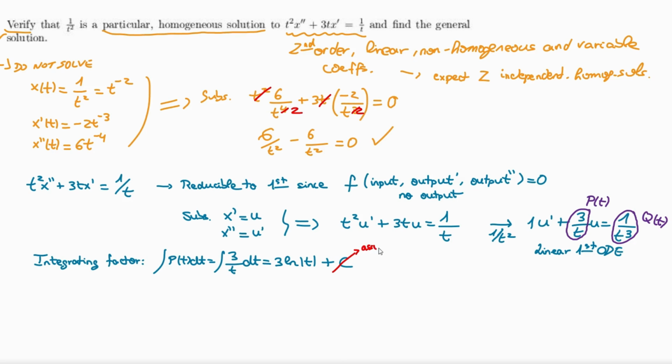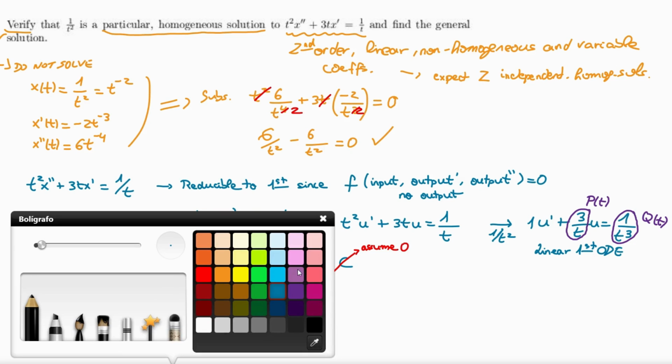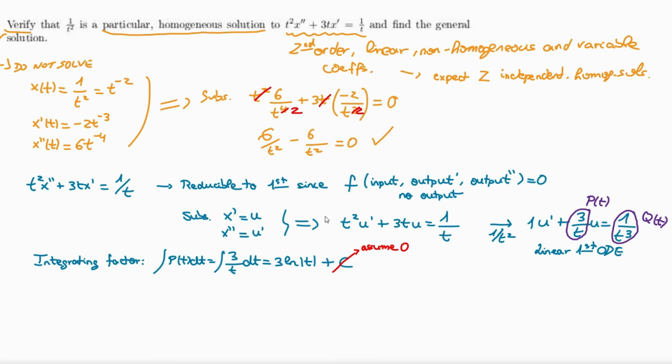So let's assume it's 0. It will not affect, by definition, the result. So the integrating factor I of t equals exponential of 3 natural log of t, and using log rules, this is exponential of natural log of t cubed. Exponential and natural log cancel out, so the integrating factor is t cubed.